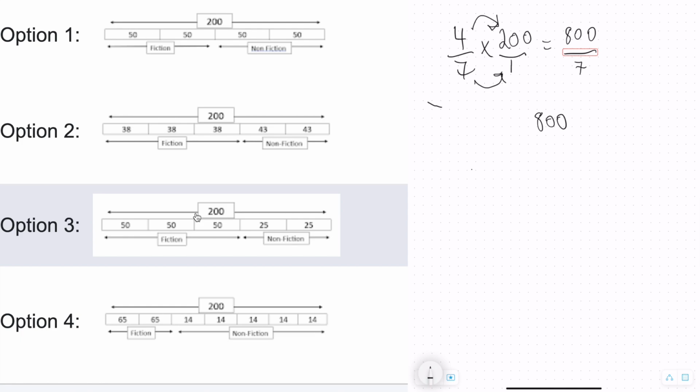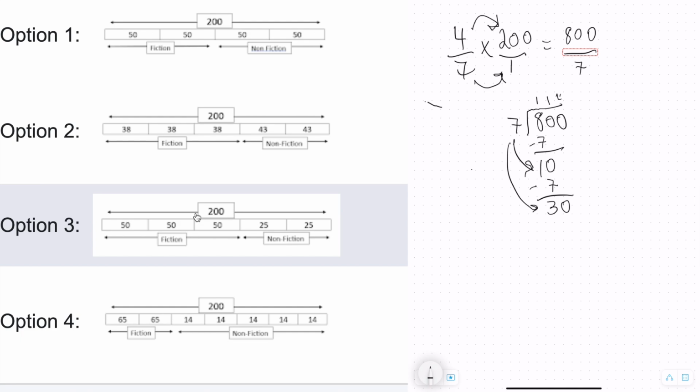So we have 800 divided by 7, and I know that 7 goes into 8 one time. Subtract it, bring down the 0, and 7 goes into 10 one time. 10 minus 7 is 3, bring this 0 down, and how many times does 7 go into 30?